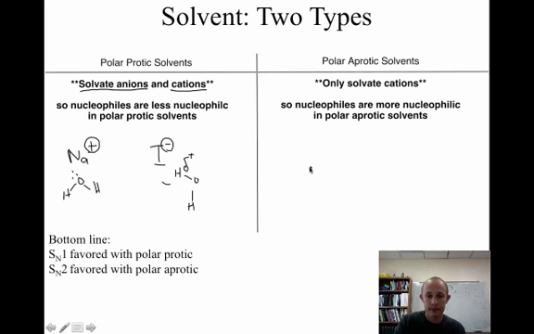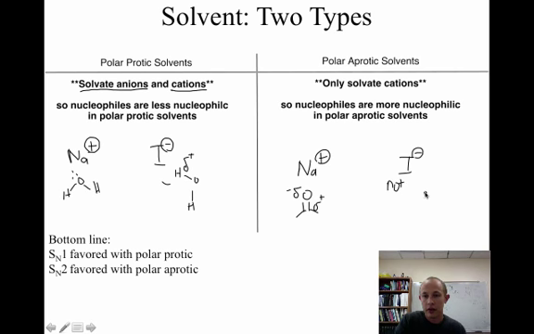But if we think about polar aprotic solvents, and we use the same nucleophile like sodium iodide, right? Then the partial negative end of the oxygen can stabilize this positively charged sodium. But notice that the partially positively charged carbon is buried in the middle of the molecule, so these nucleophiles are unsolvated.